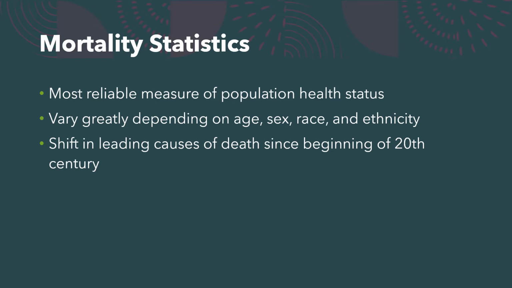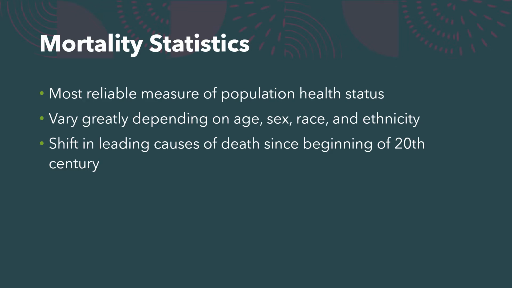So we've talked in previous lectures about infant mortality and maternal mortality and what that means, but we can talk about other types of mortality statistics as well. Death rates obviously are the most reliable measure of a population's health status. It's usually not ambiguous whether or not someone has died, right?